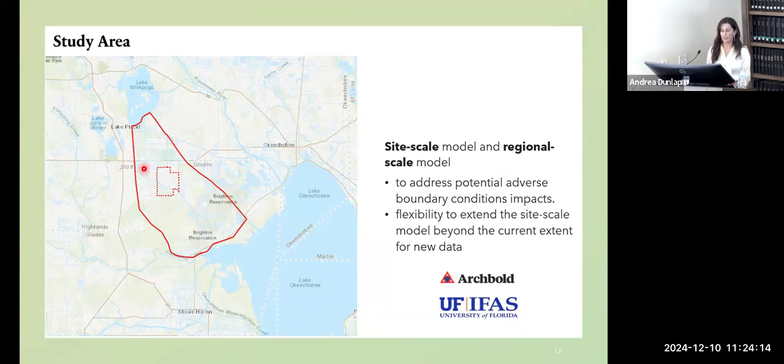The west and east sides of the model are rivers, I believe, one of them called Fisher Creek, and the other is a canal that we extended our model area to. So that was the modeling setup.